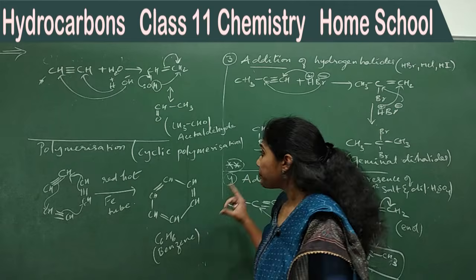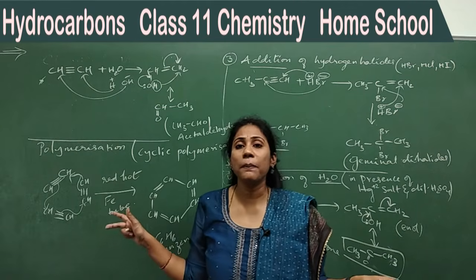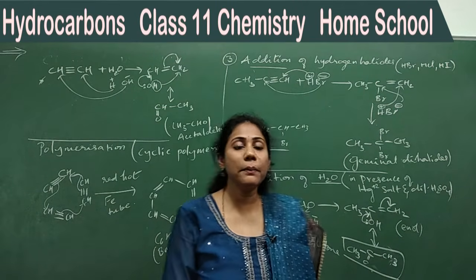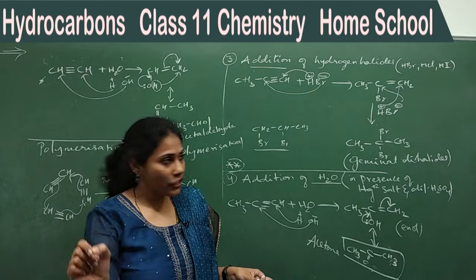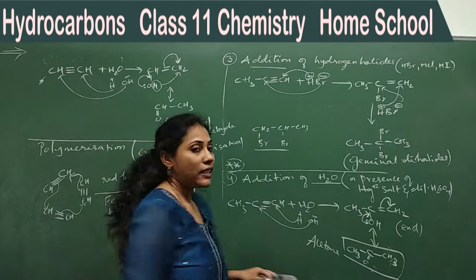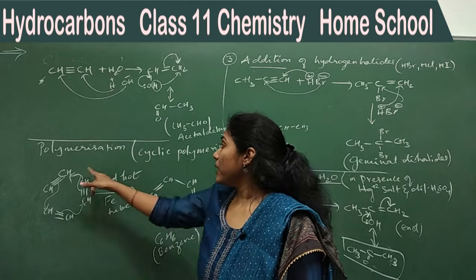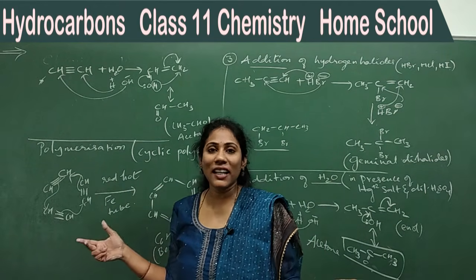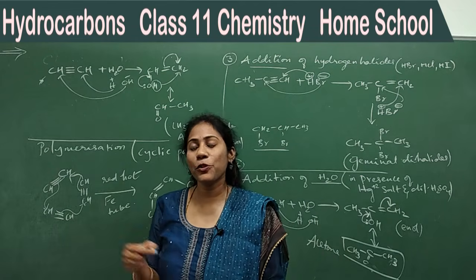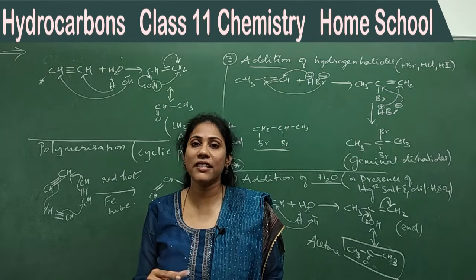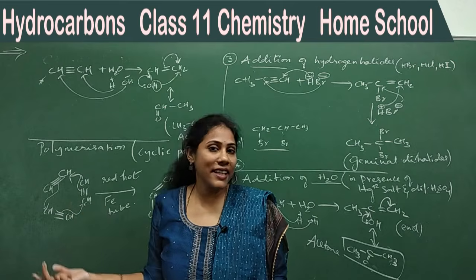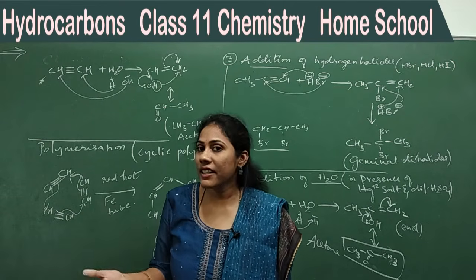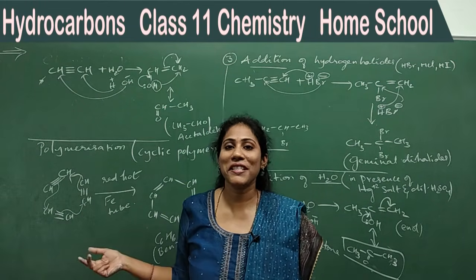So among all the chemical properties, the important ones are acidic nature, addition of water, and cyclic polymerization of alkyne. So that's all about alkynes. It's a very simple topic. Most of the concepts are similar to alkenes. If you know about alkenes, you will understand alkynes very easily. Nothing much to discuss about this.